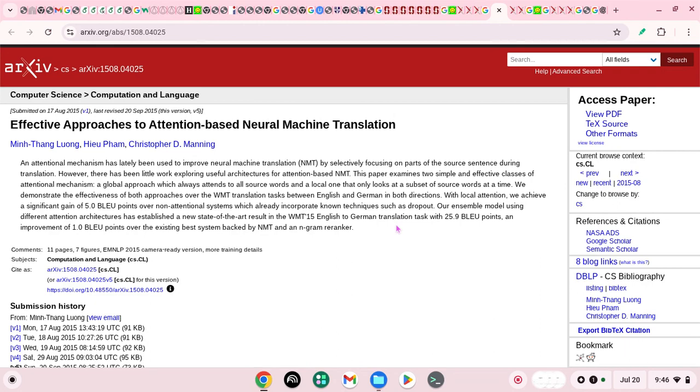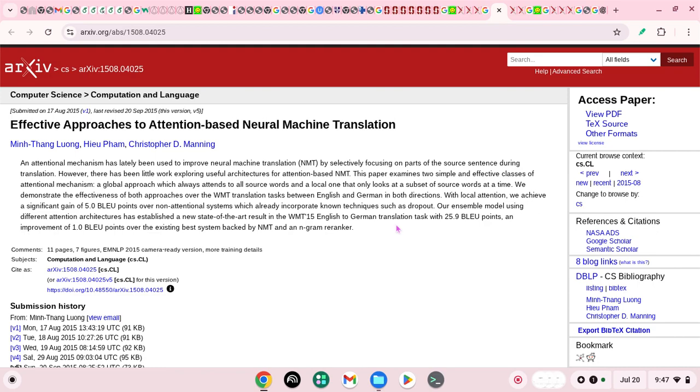By this title, they say that the attention mechanism concept is particularly helpful for building architectures for natural language processing called neural machine translation. This paper was introduced by Minh-Thang Luong and Christopher Manning. So to understand this attention mechanism, it takes us to another layer: what is neural machine translation.